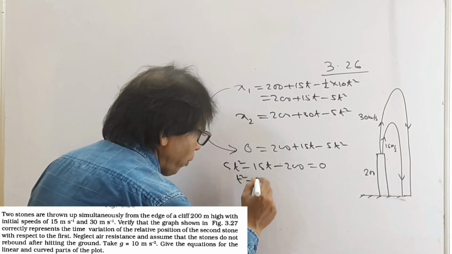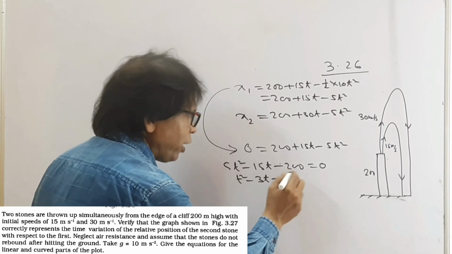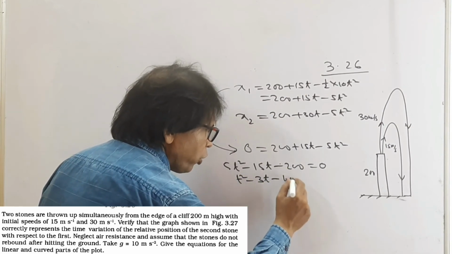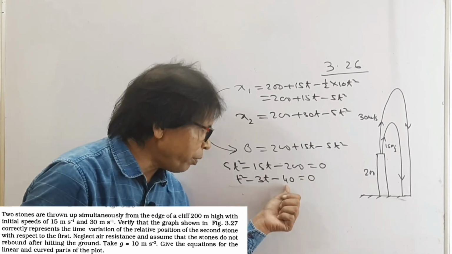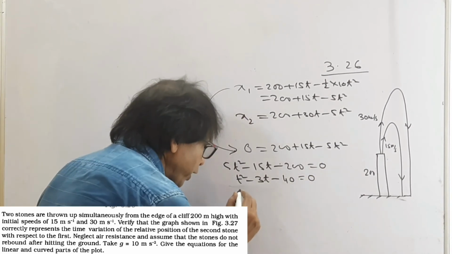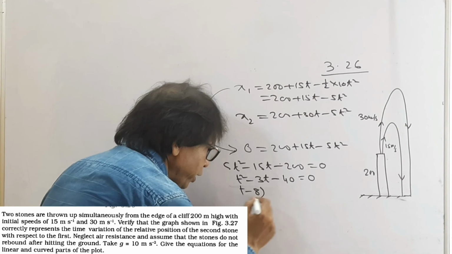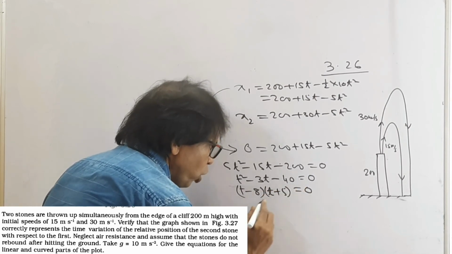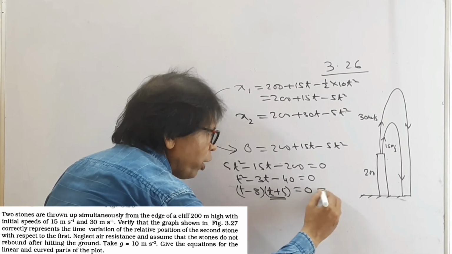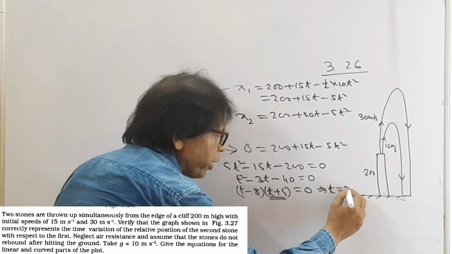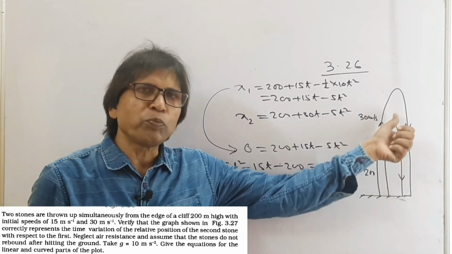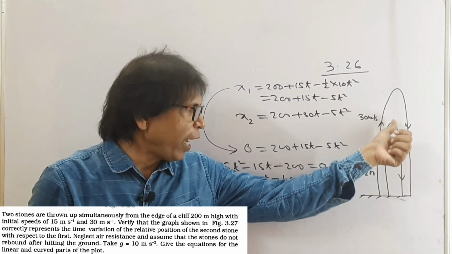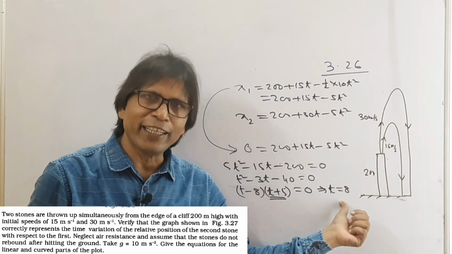So t square minus 3t minus 40 equals 0. 5 into 8 is 40. So look at this, (t minus 8) into (t plus 5) equals 0. So t plus 5 is not 0, therefore t equals 8. Therefore the time of flight of the first particle is 8 seconds.